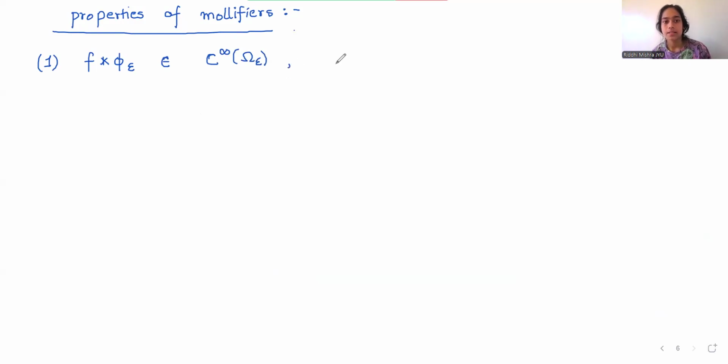And more precisely, for any derivative, you can transfer the derivative to the mollifier, at any point x.